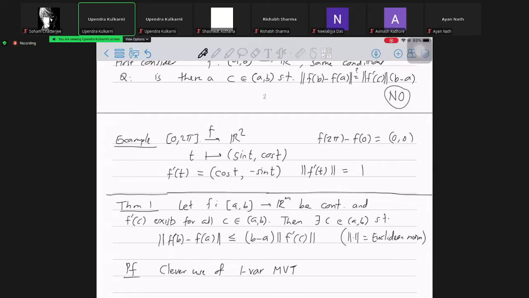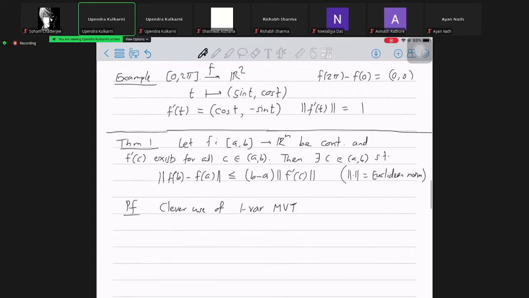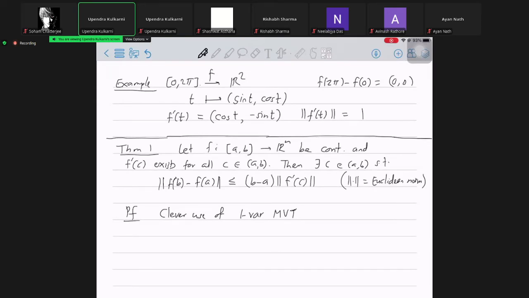So if I want to use the one variable mean value theorem, then I have to have a function from R to R. I'm given a function from R to Rn. How can I cook up a function from that which goes from R to R? A natural answer is just to compose it with a function from Rn to R. So this is what we will consider.